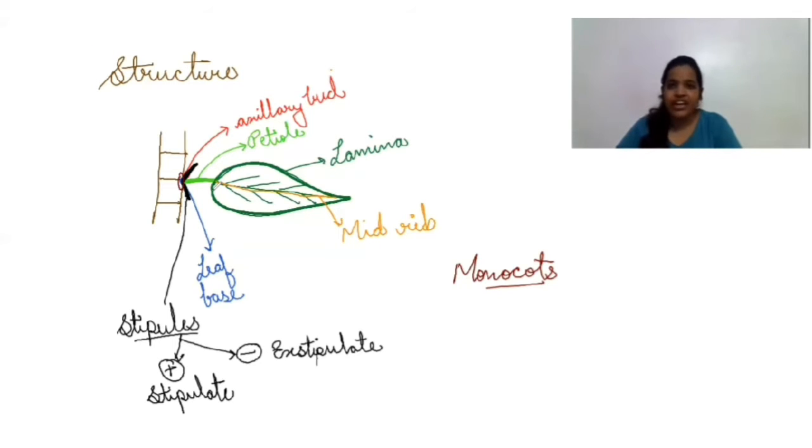This covering can be continuous or discontinuous. So what is forming the covering over the stem? The leaf base is becoming expanded to form the covering. This is one important point from your NCERT.